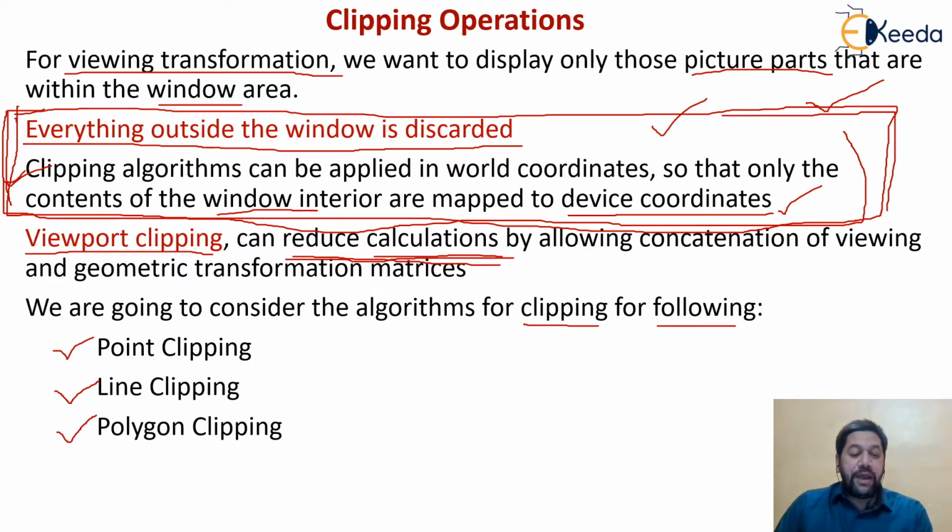So under clipping we are going to learn all the details related to point clipping, line clipping, and polygon clipping algorithms. This is our point of discussion, and we are going to consider it in detail.